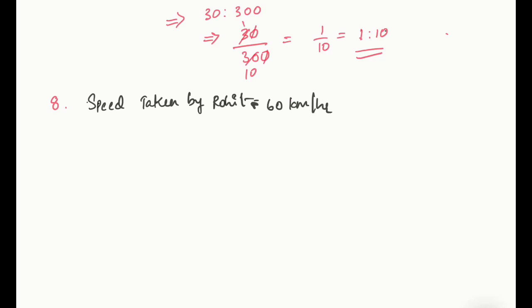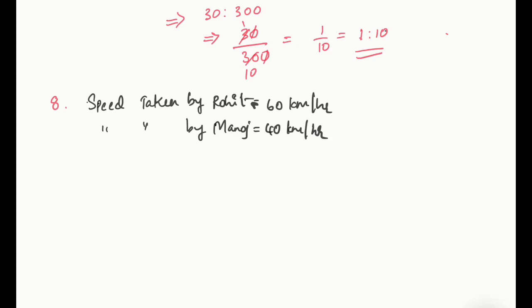And Manoj goes to the same school at 40 km per hour. If they both live in the same locality, find the ratio between the time taken by Rohit and Manoj to reach their school.